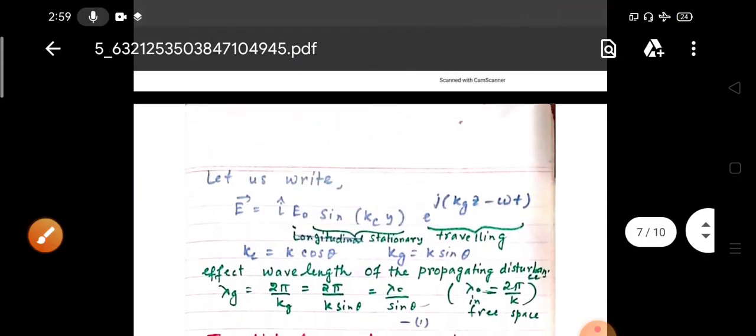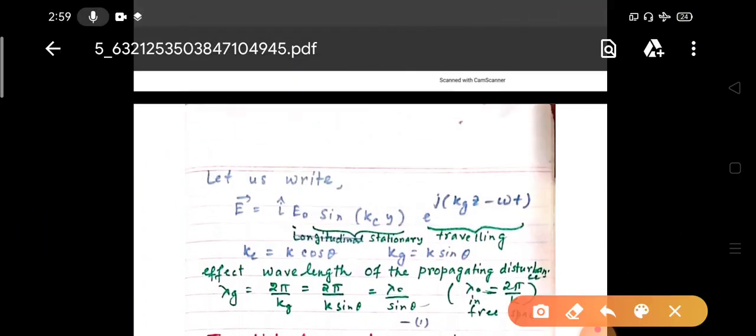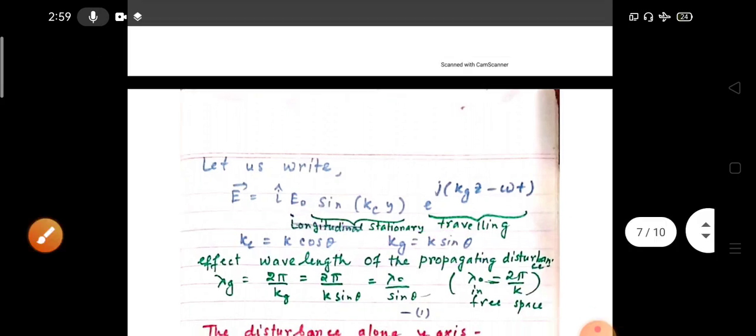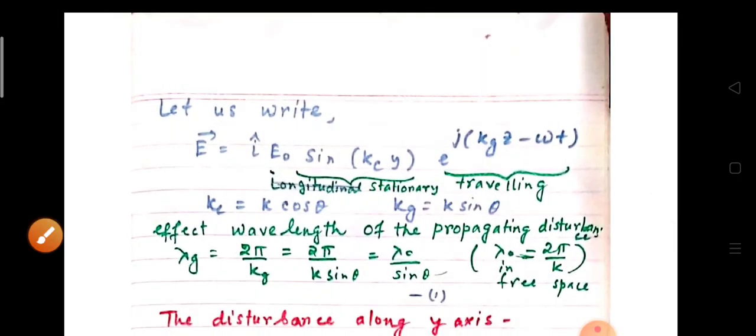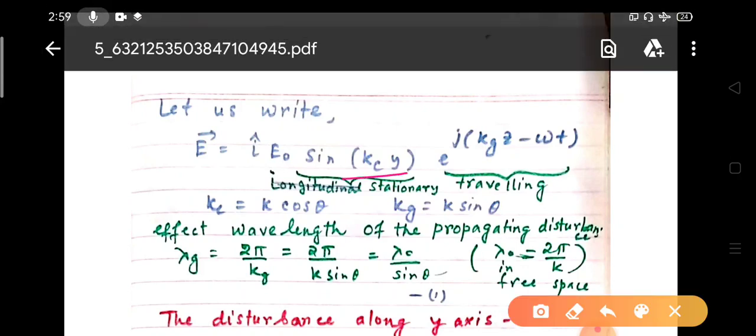The same electric field which we are confining, we are writing with kc as k cos theta and kg equals k sin theta. So we write the electric vector as i cap E naught sin kcy, times exponential j kgz minus omega t.